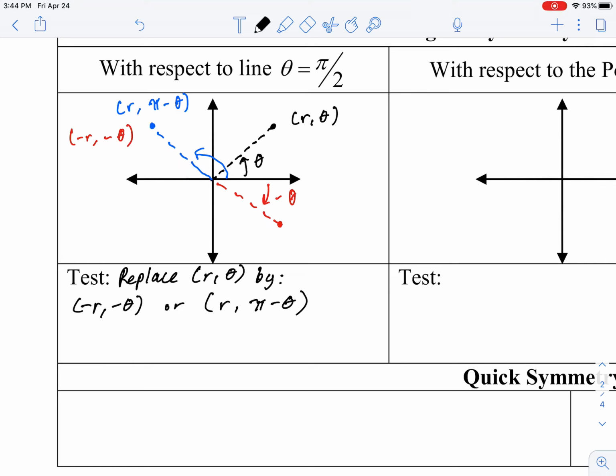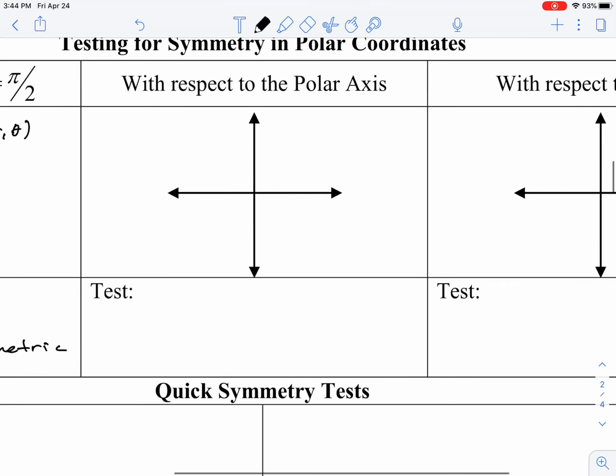If we get an equivalent equation, then we know it's symmetric. And we'll talk a little bit about what it means to have an equivalent equation, because it doesn't necessarily mean that it's going to be the exact same equation, but we'll talk more about that in just a bit.